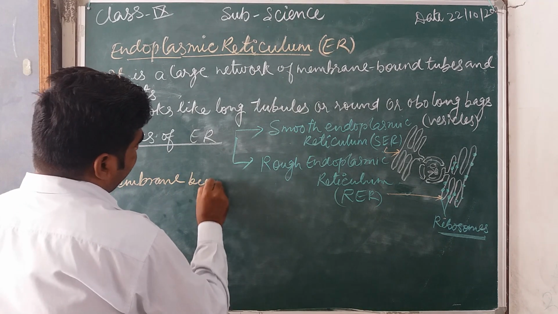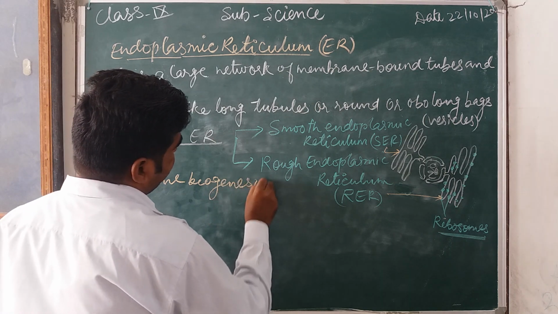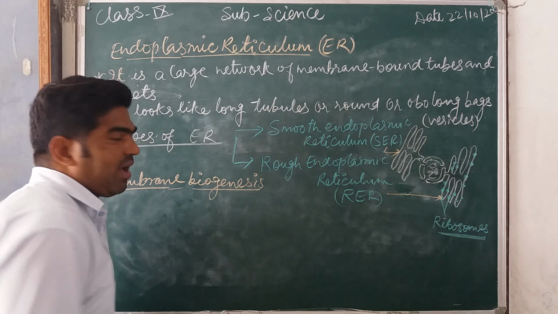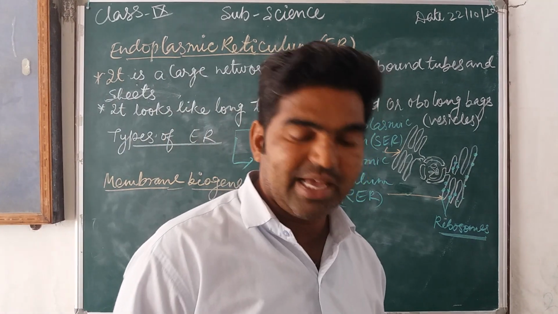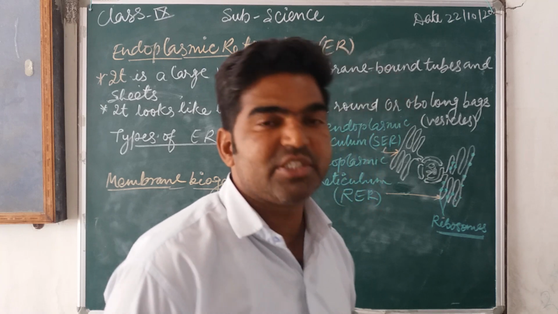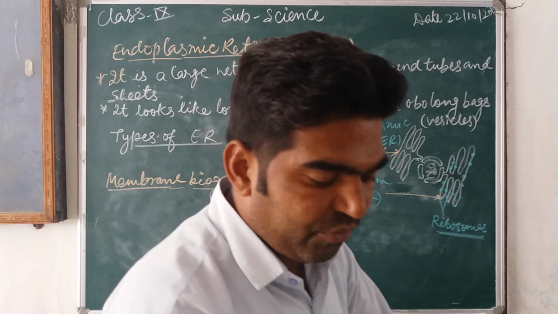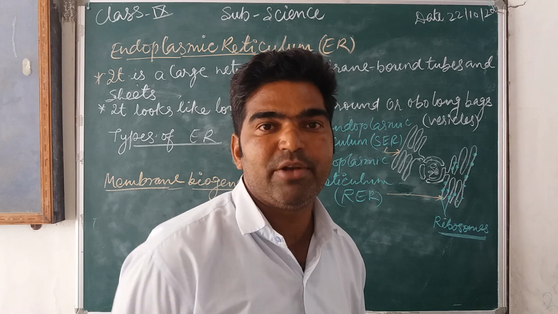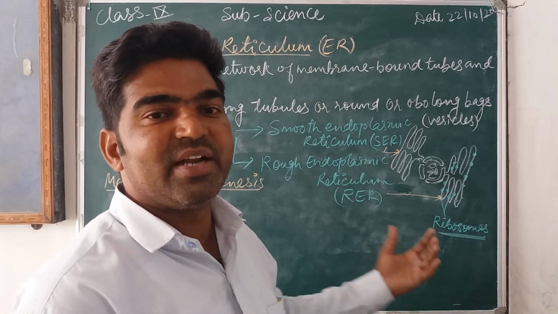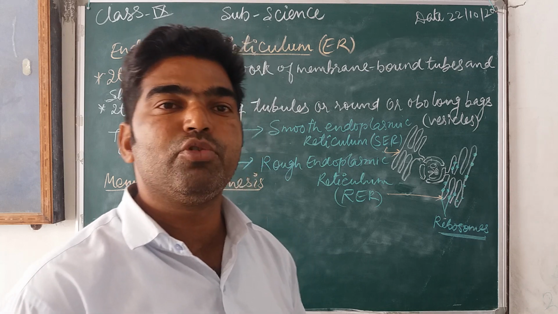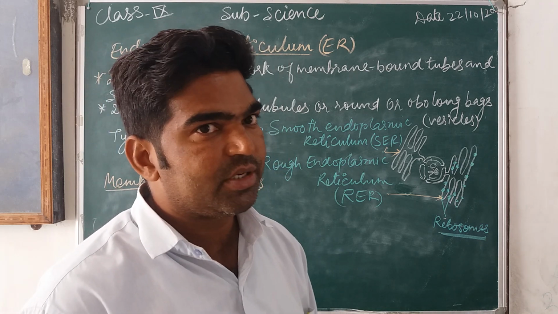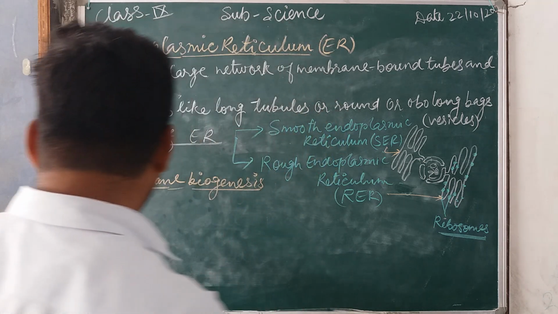This question will often be asked in exams: what do you mean by membrane biogenesis? Membrane biogenesis means the formation, the manufacturing of a membrane by the fats and lipids formed by the smooth endoplasmic reticulum. This process is known as membrane biogenesis. So now note it down.